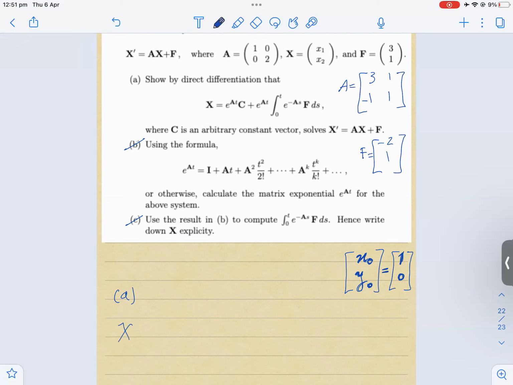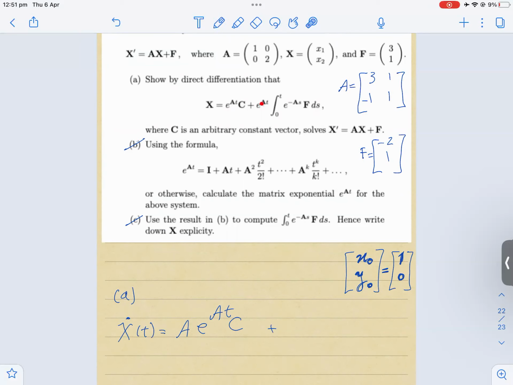If I take the derivative in terms of t, this guy will be A times e to the At c.